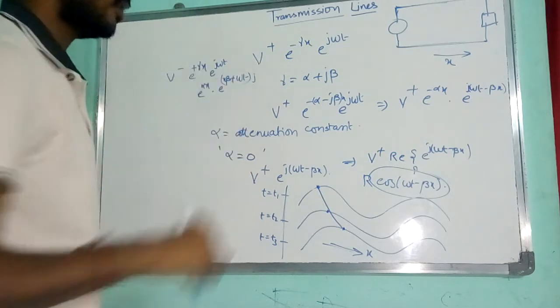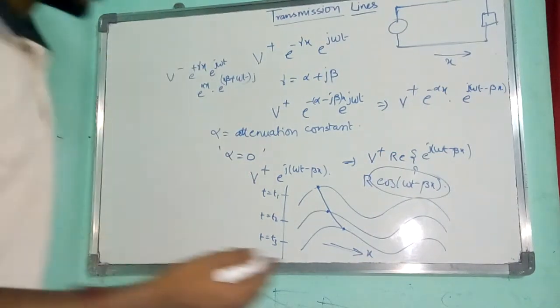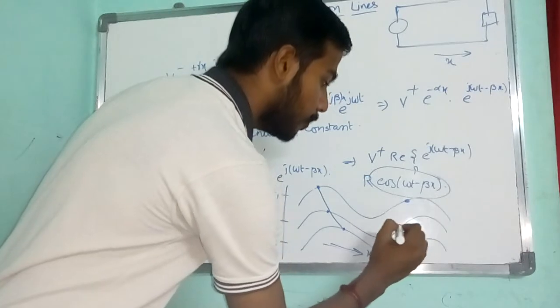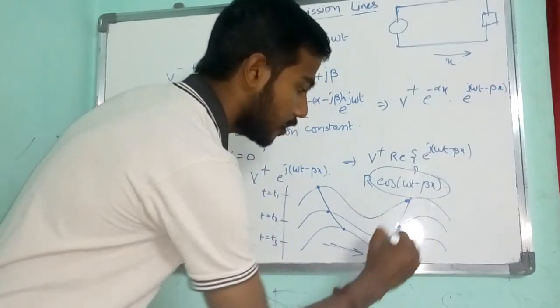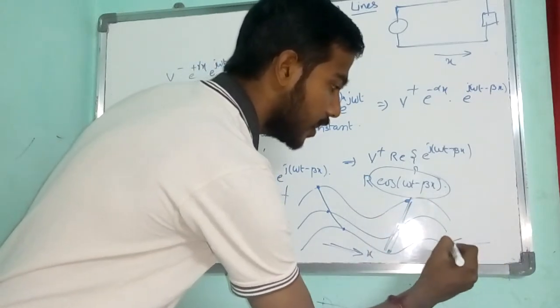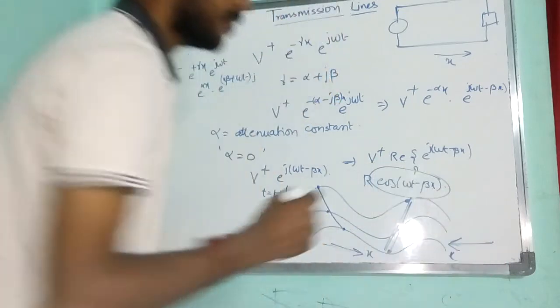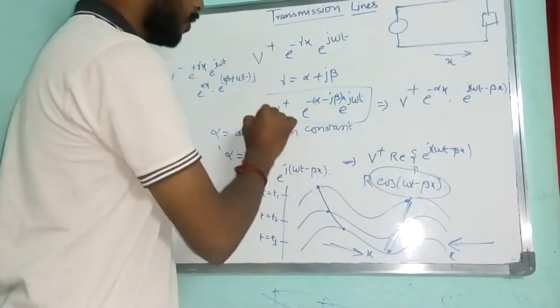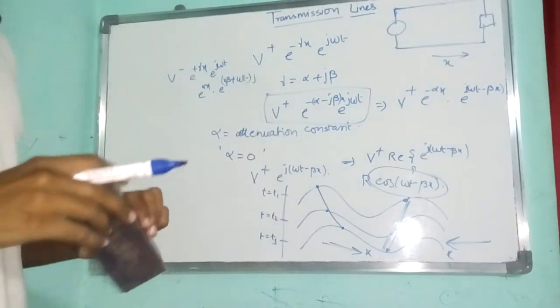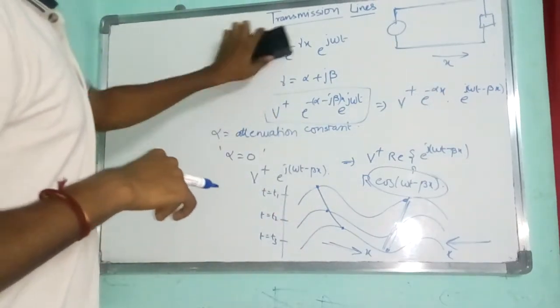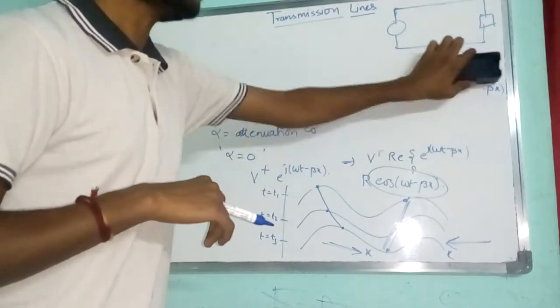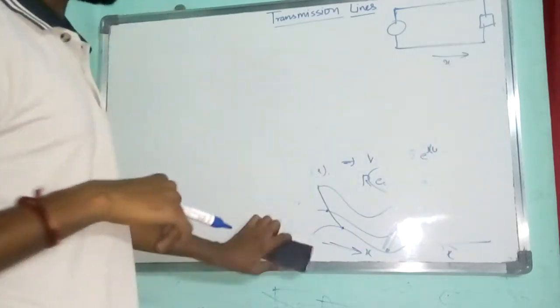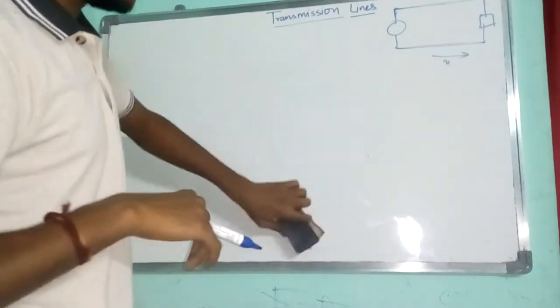Okay, this will be in the positive direction. That means the variations will be like this in the opposite direction. So this is the importance of this term in the equation. It shows the variation of the wave, from which direction to which direction.